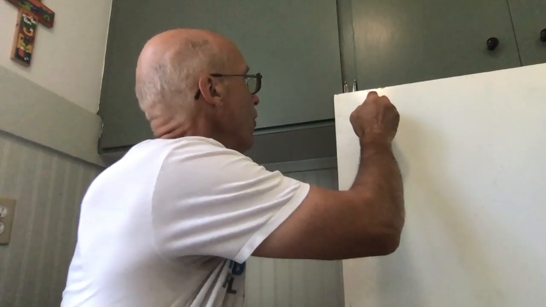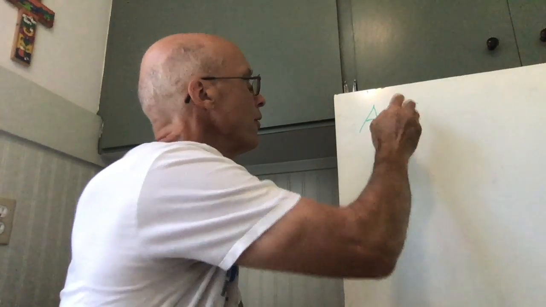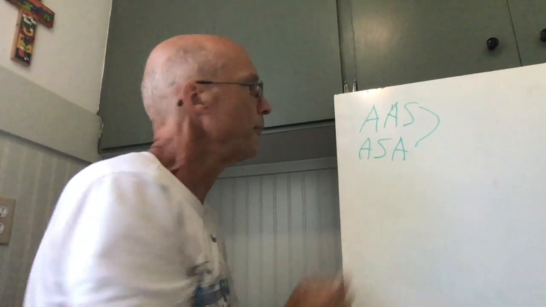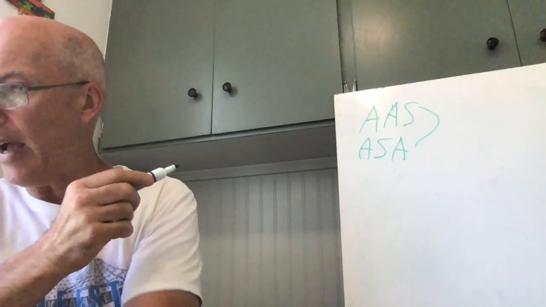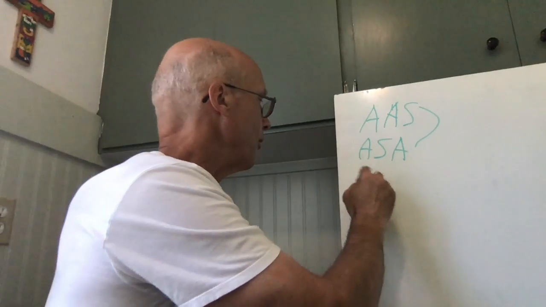Okay, so you can use the law of sines anytime that you know two angles and a side, okay? So angle, angle, side, you're good. Angle, side, angle, you're good. You can also use it if you have side, side, angle.